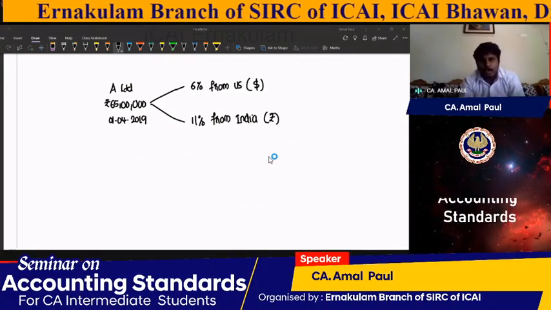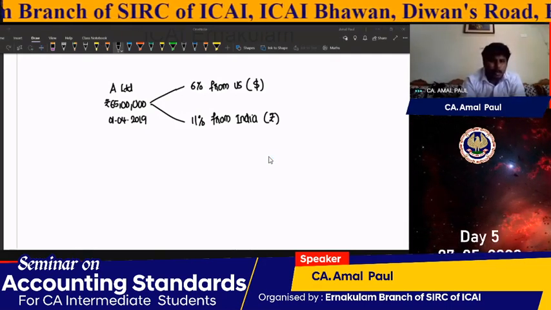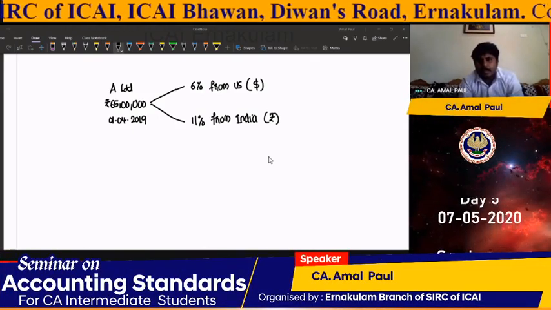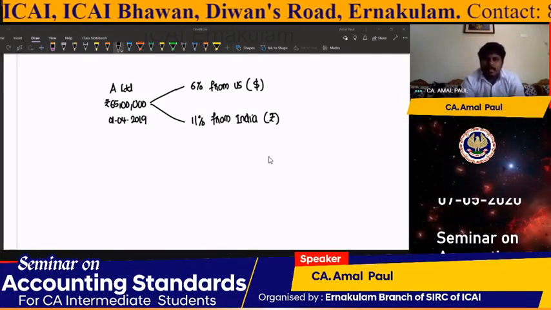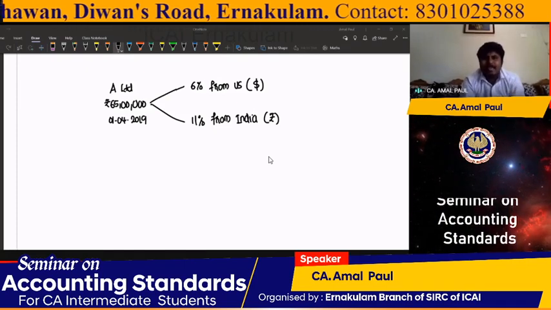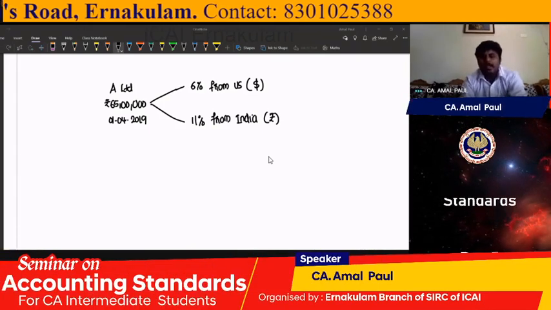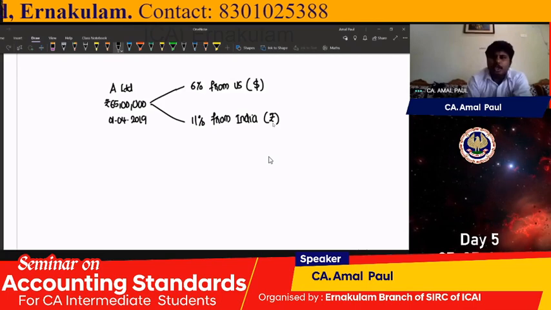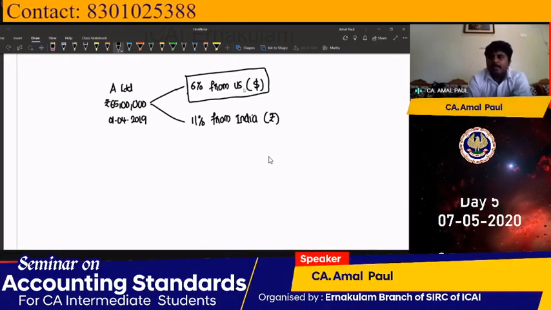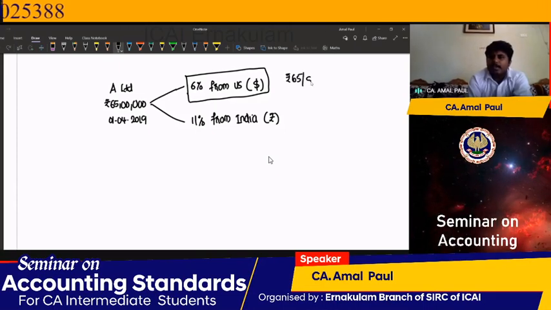In this scenario, will this company borrow from India or the US? They'll usually go for the US option because the interest rate is lower there. As on the date of borrowing, the exchange rate is rupees 65 per US dollar.